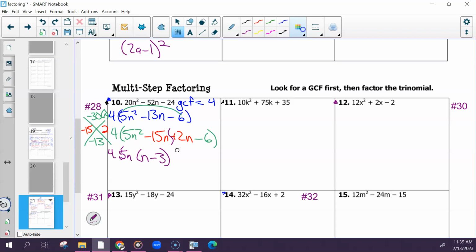What could you divide out of these last two? Positive 2. And what would be left? n minus 3. So then what would we write as our final factors? And I forgot a parentheses.